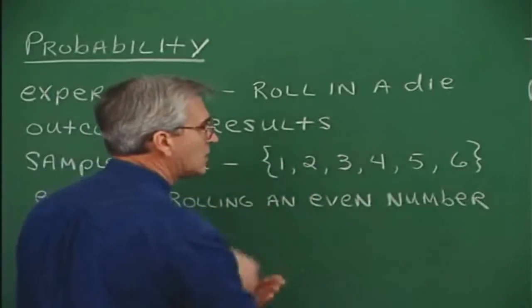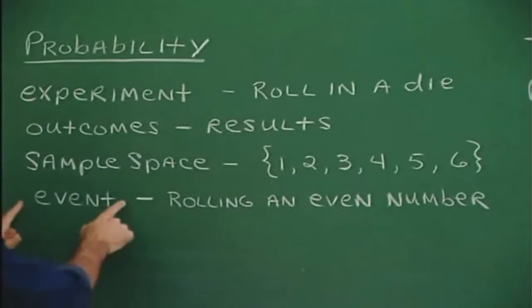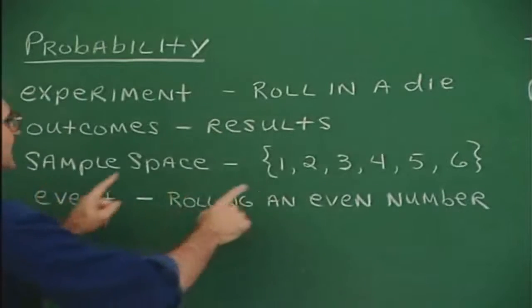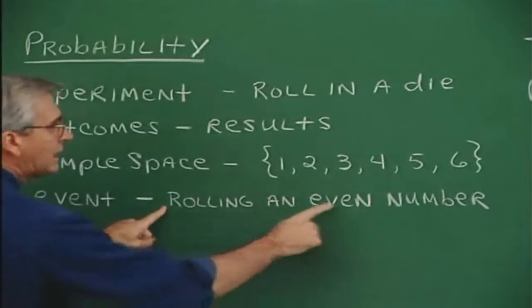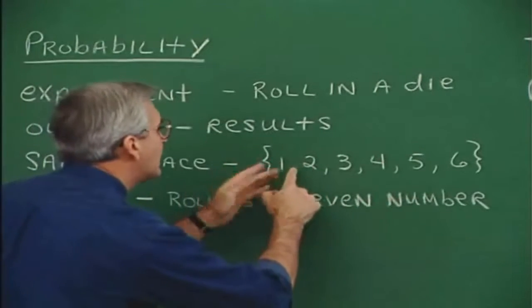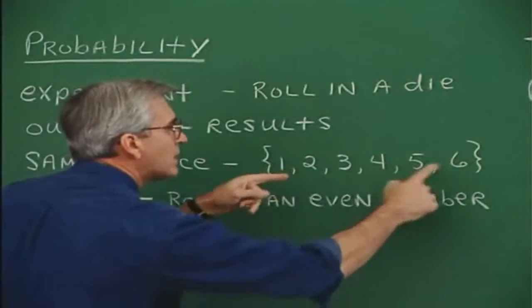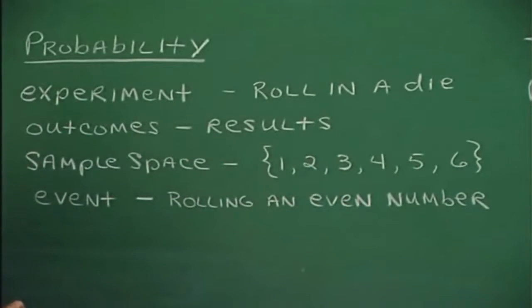So we're listing all of the possible outcomes here in our sample space. An event is some subset of the sample space. An example of an event is rolling an even number. So rolling an even number, and 2, 4, 6 would be those even numbers that we're talking about. It's some subset of the sample space.